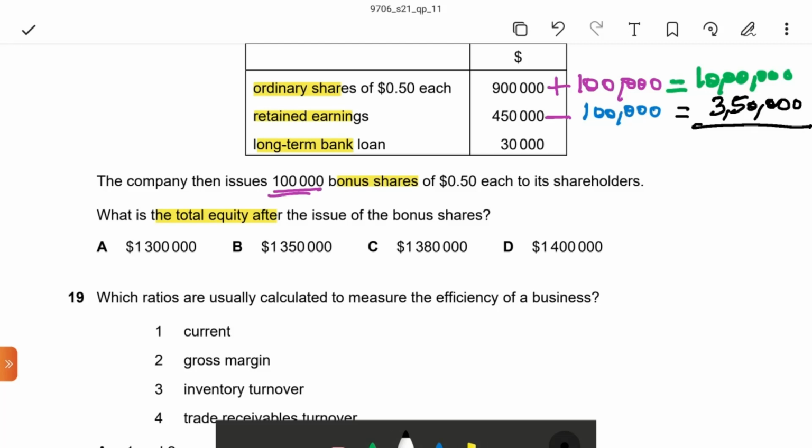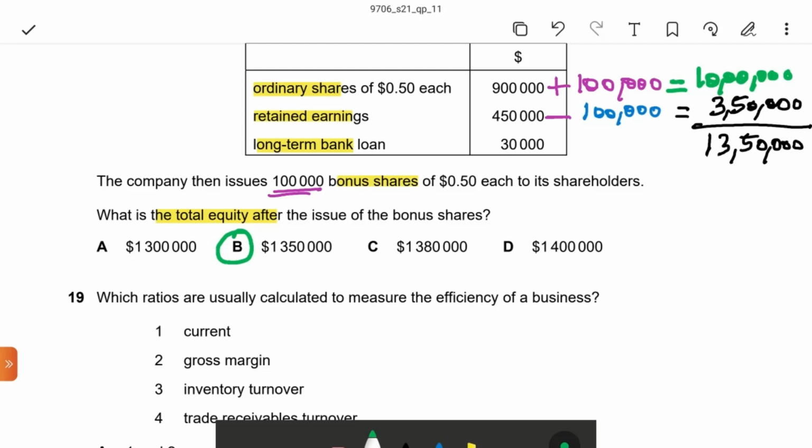Total equity after the issue of bonus shares is 13 lakh 50,000. So the correct answer is B.